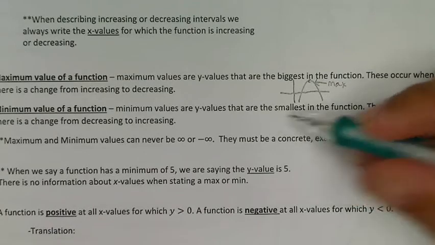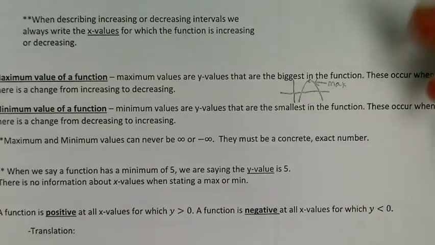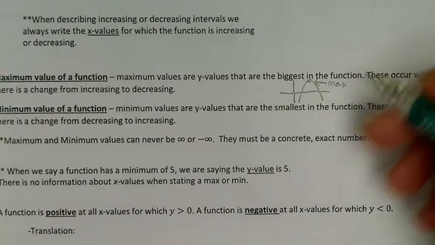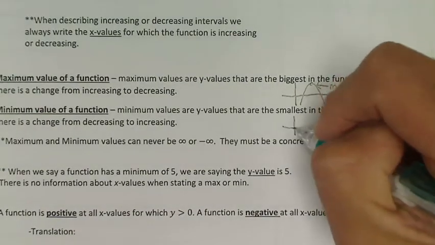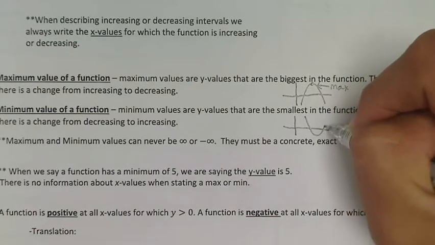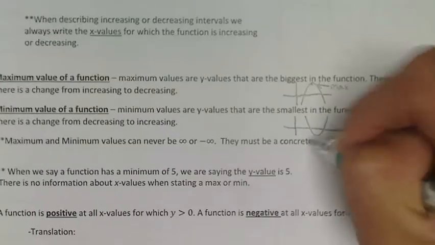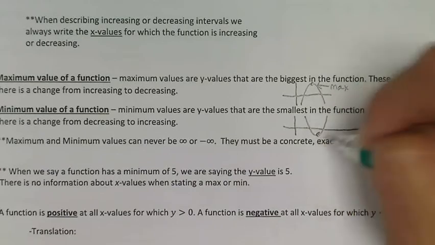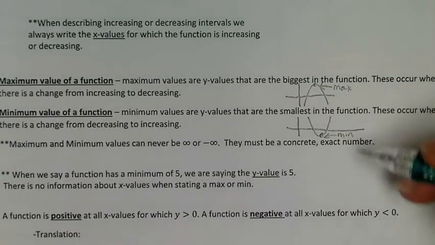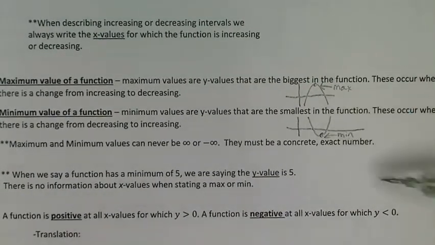Okay, on the opposite of that, minimum values are y values that are the smallest in the function. These occur when there is a change from decreasing to increasing. So we start decreasing, change to increasing. That change causes a minimum. Okay, and when we describe the max and mins, we just put the y value.